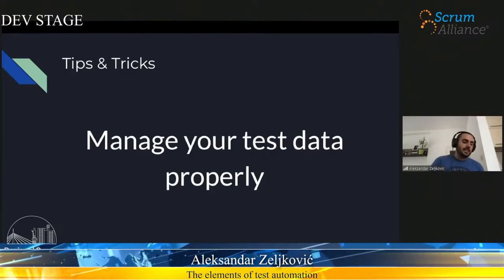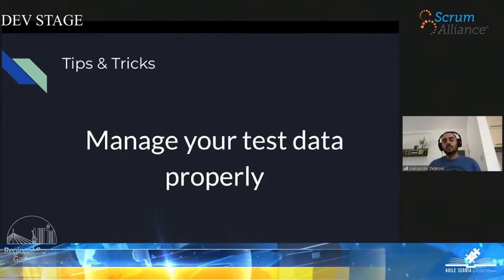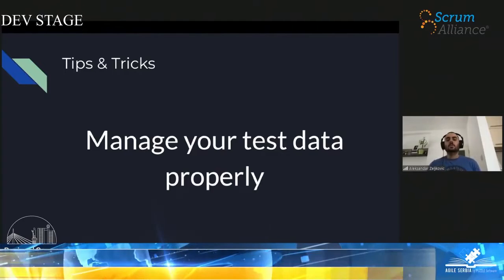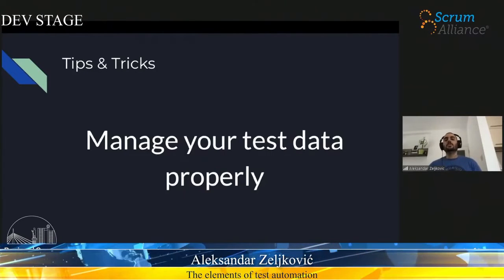You are feeding your test automation with your test data. So it's like a fuel for your test automation. If you have proper test data that you give to your test automation, you will get the desired value. Your tests will work as expected. You will be able to uncover correct information. You will have a good test.